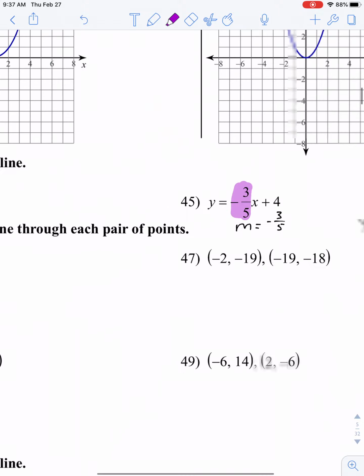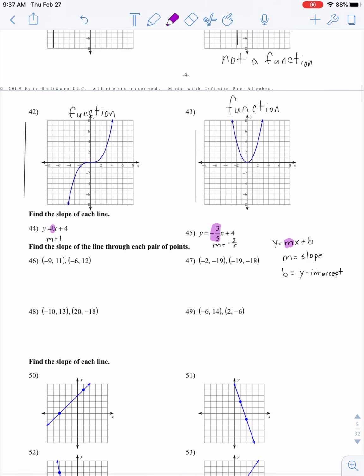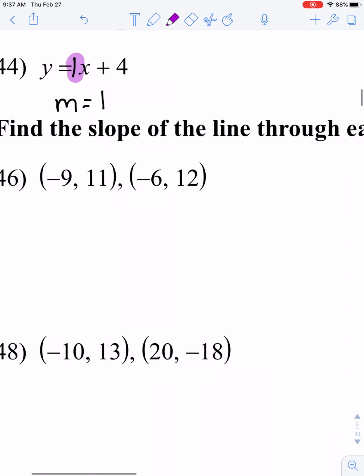Now, when we find the slope from a set of ordered pairs, we're looking at the change in y, and the word change is often indicated with the triangle, the change in y over the change in x. You might know this as rise over run.